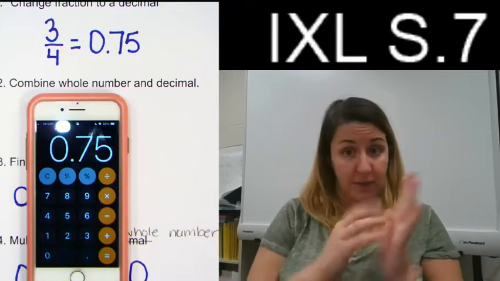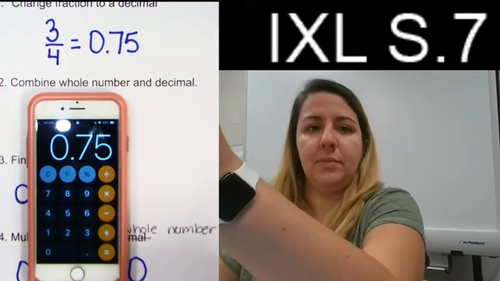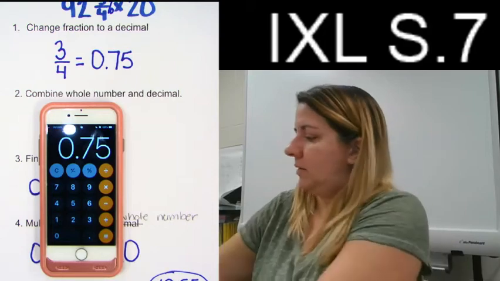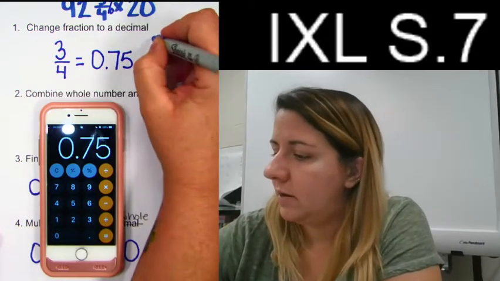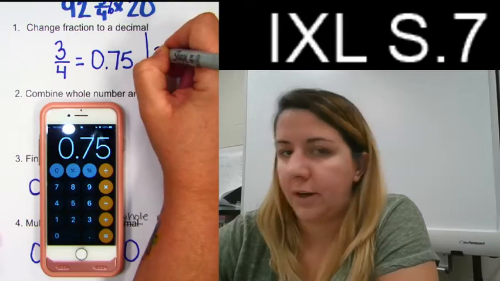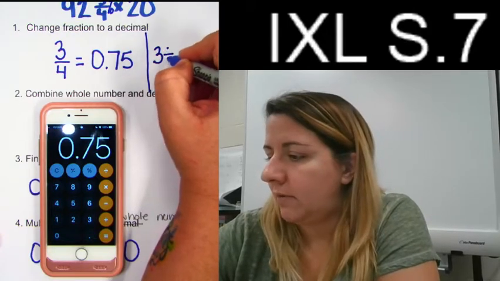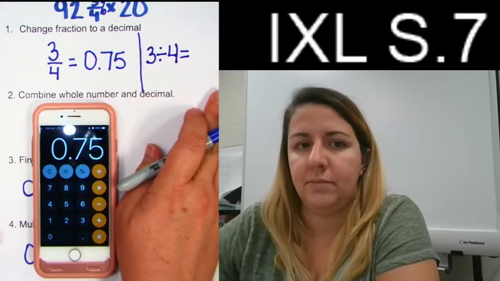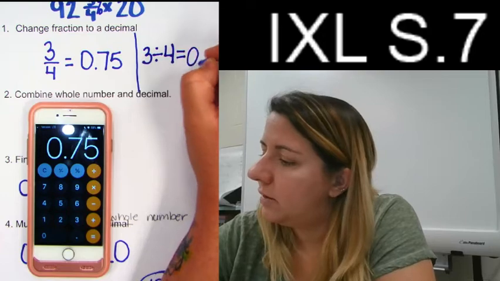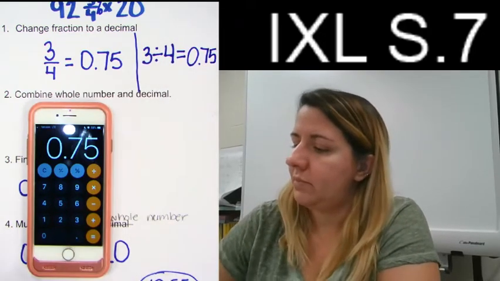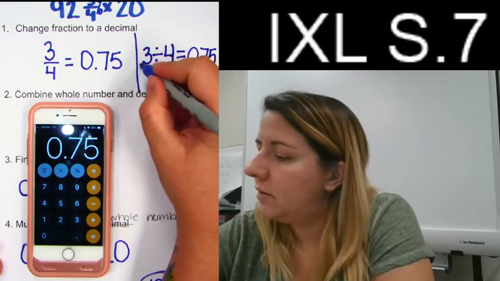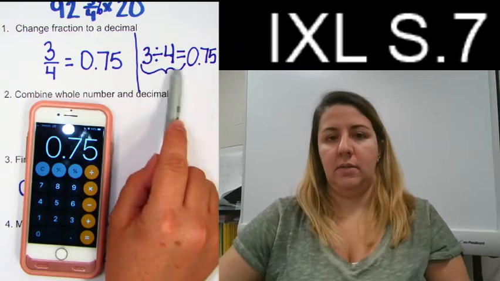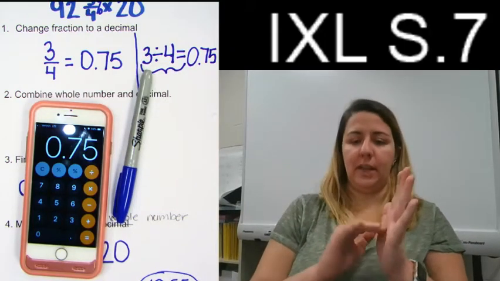So you are typing what? 3 divided by 4 equals. That's what you type into the calculator.